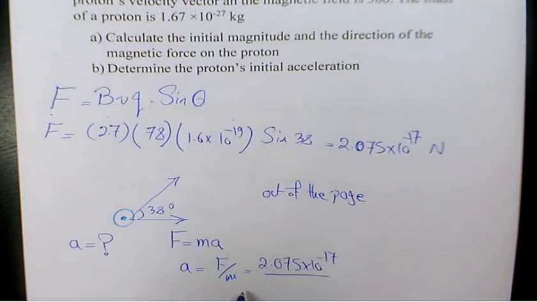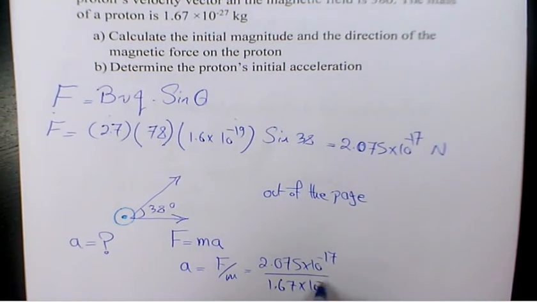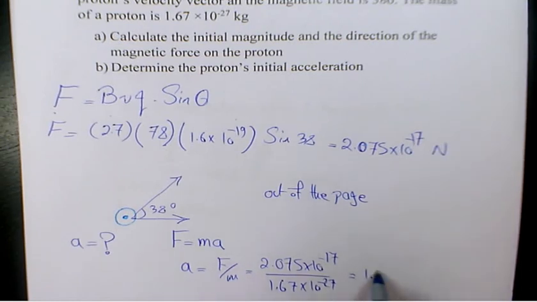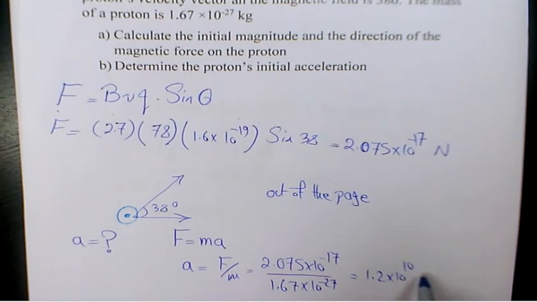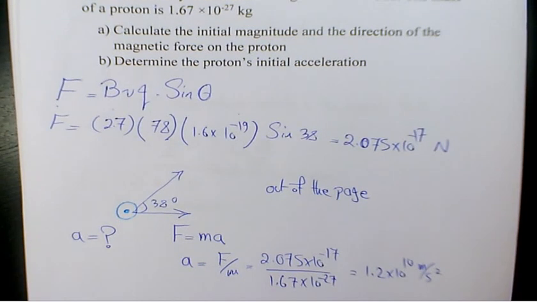Divided by m. m is the mass of the proton, which is 1.67 times 10 to the power of negative 27. And when you calculate it, that's going to give me 1.2 times 10 to the power of 10 meters per second squared. That will be the proton's initial acceleration.